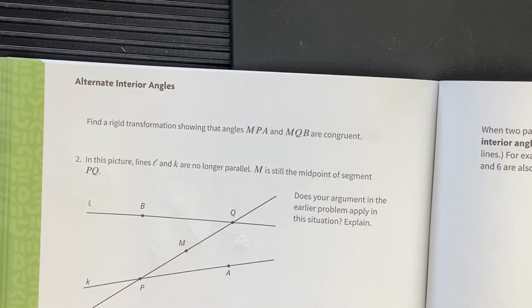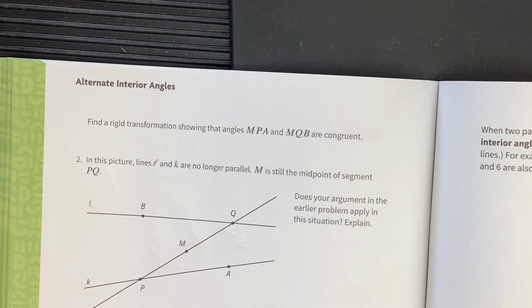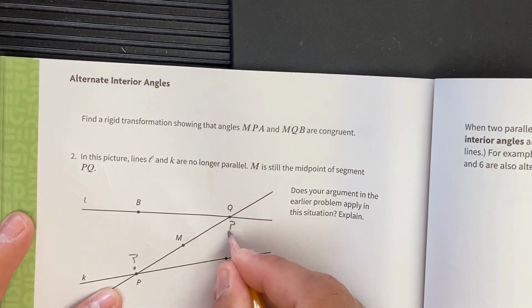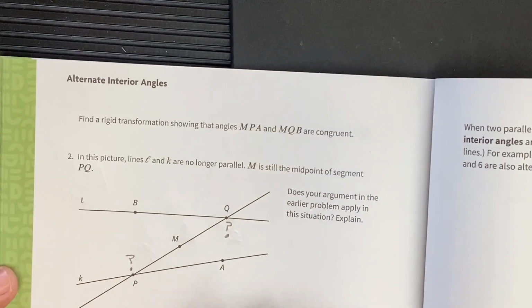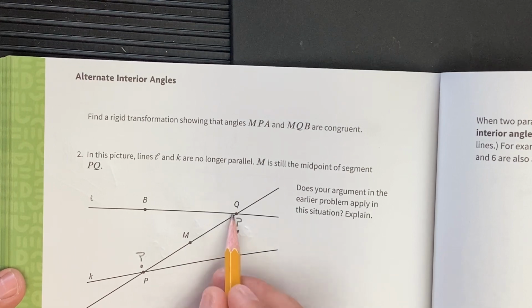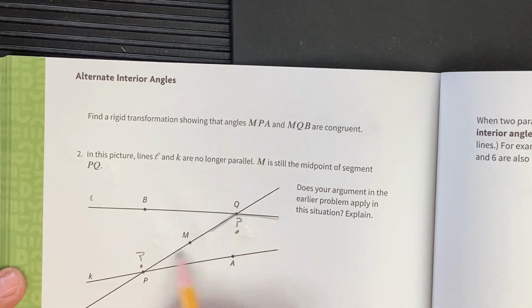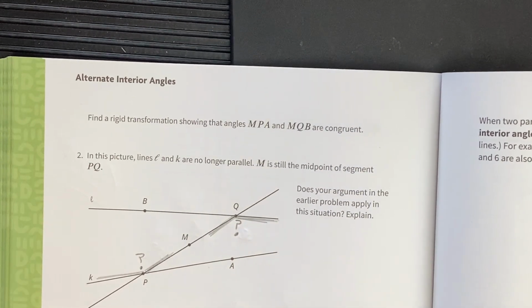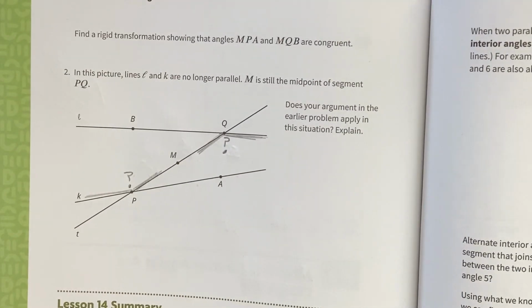Question 2, in this picture, lines L and K are no longer parallel. M is the midpoint. Does your argument in the earlier problem apply to this situation? Okay, that is saying, is this angle and this angle still congruent, even though those aren't parallel? So why don't you trace this one and check it with this guy and see if they are congruent. So this angle and this angle, alternate interior, are they still congruent?